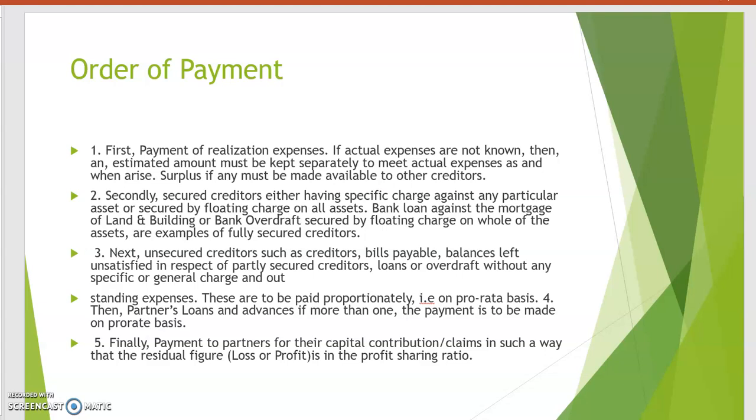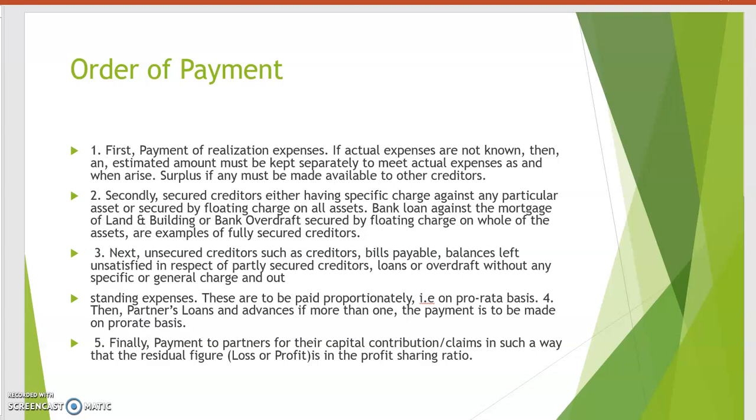Secured liabilities are those liabilities for which some asset has been given as security. Examples are a bank loan against the mortgage of land and building, or a bank overdraft secured by floating charges on the whole of the assets; these are examples of fully secured creditors.